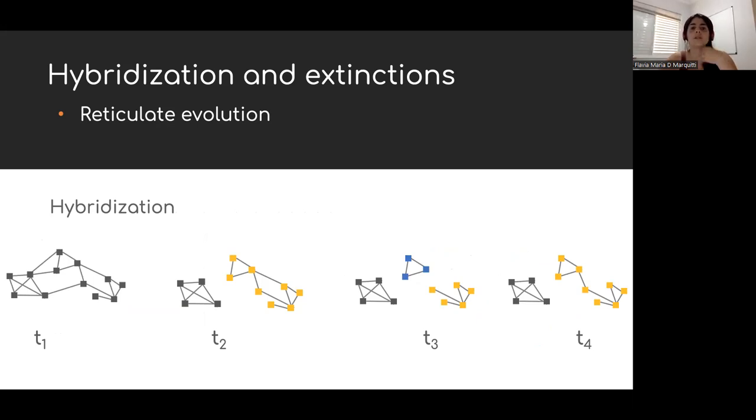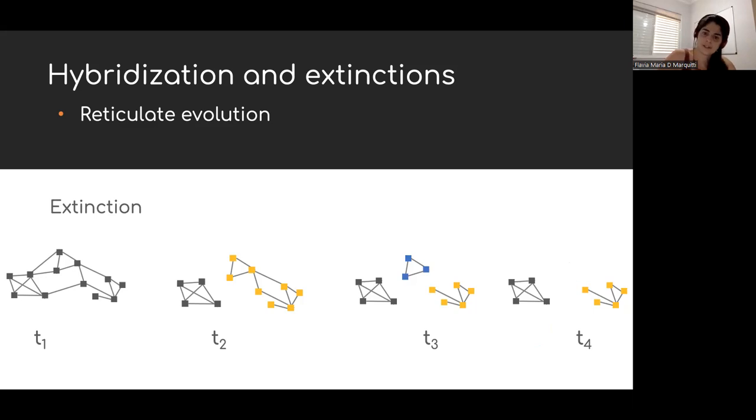It's actually reticulate evolution. Species form, species disappear, species mix again. And we have, for instance, hybridization, and by hybridization I mean we had different species that in another time step establish genetic flow between them again, and they are again one species.